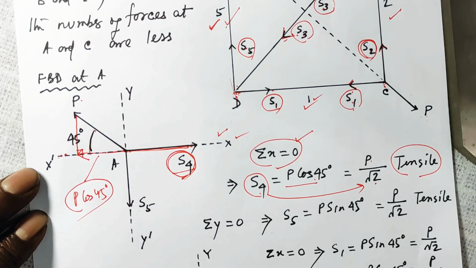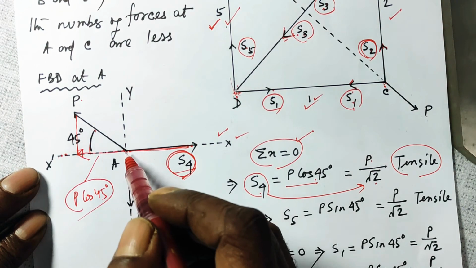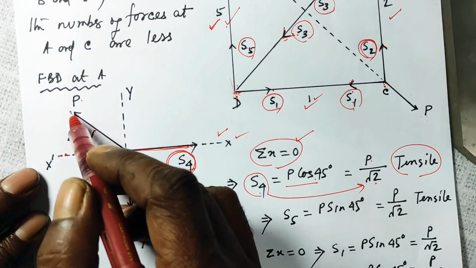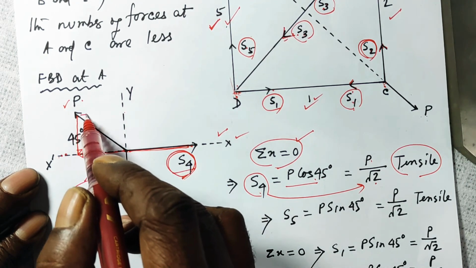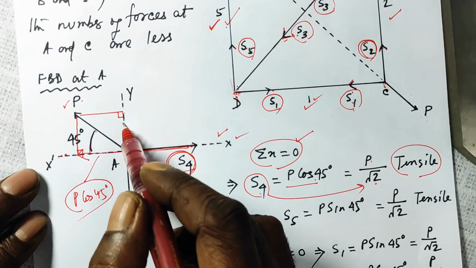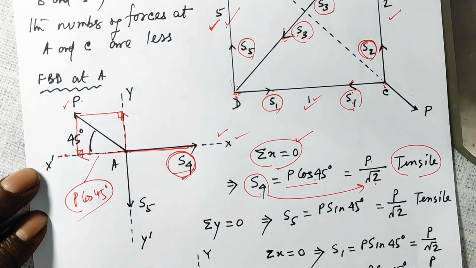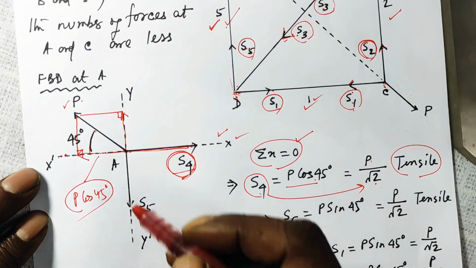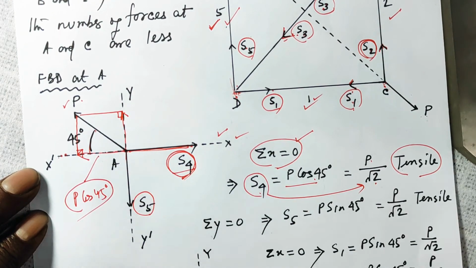Similarly, if you put sigma y equal to 0, what is the component of this force P along y-axis? If you drop a perpendicular from this point to this point, this one will be P times sine 45, and that is opposite to S5. So for equilibrium, they are already opposite to each other, so their numerical values must be equal.